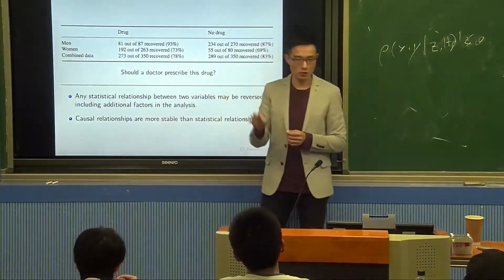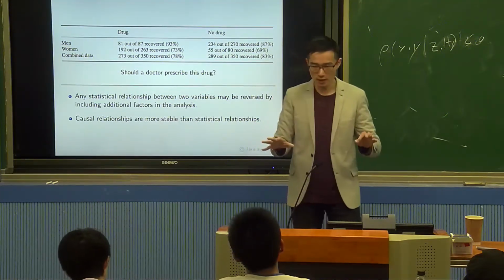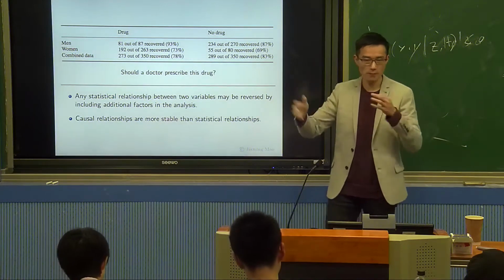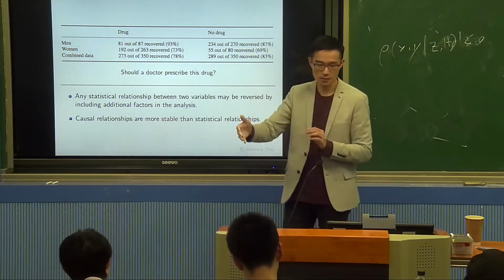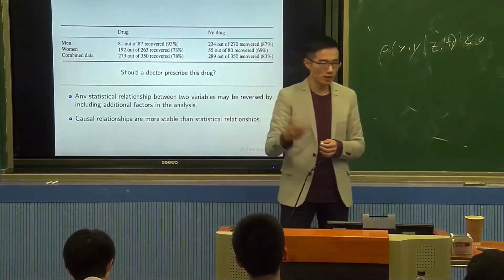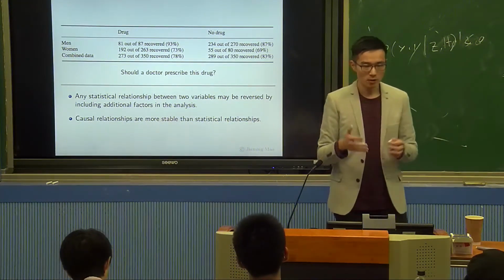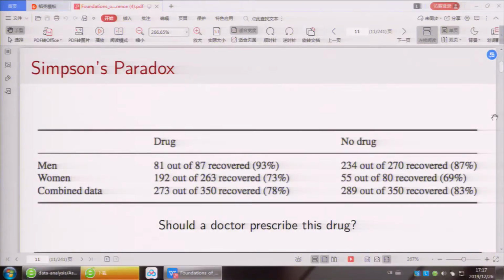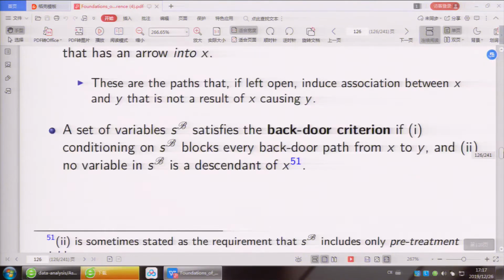Causal relation and causal mechanism tend to be much more stable than statistical relationship. Statistical relationship is correlation, and correlation can be reversed very easily. You condition on something, it can reverse. Condition on some other thing, it can reverse back. So statistical relation is very unstable, whereas causal mechanism is much more stable. And that is the idea behind what we are doing here.